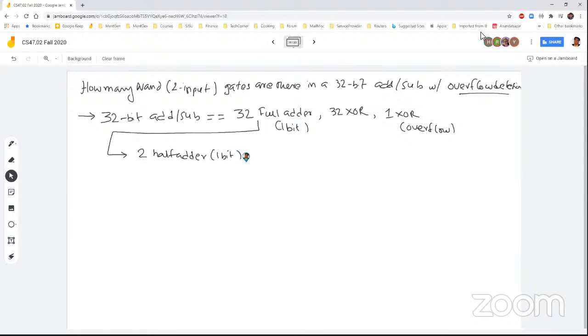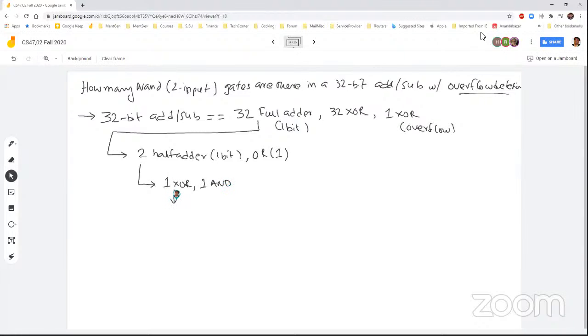And there is one OR gate, quantity 1, right? And then each of these has one XOR, one AND.